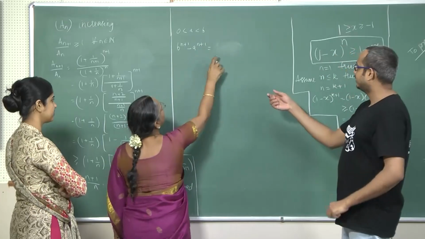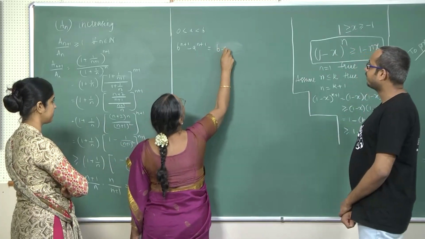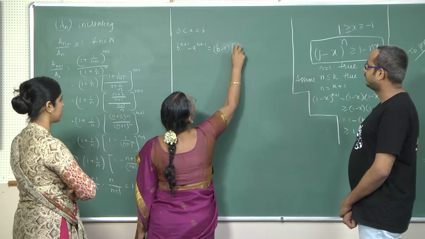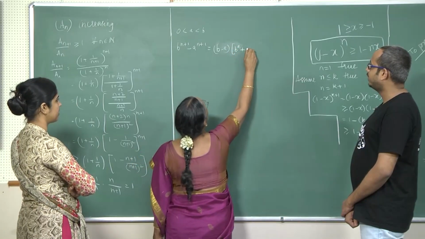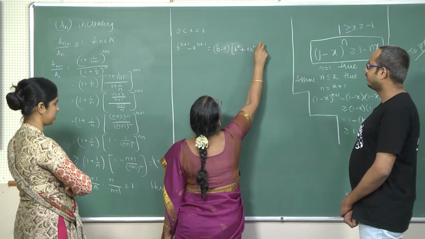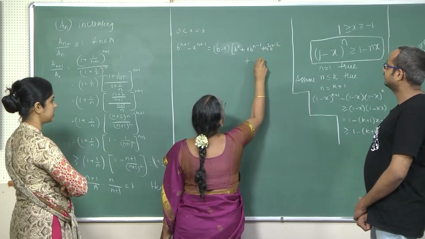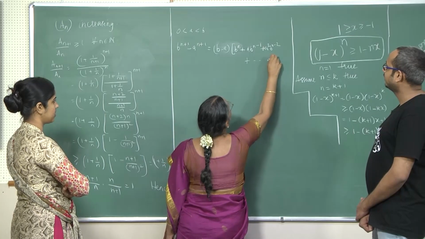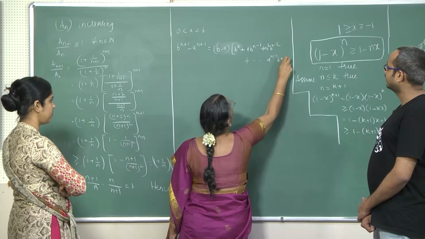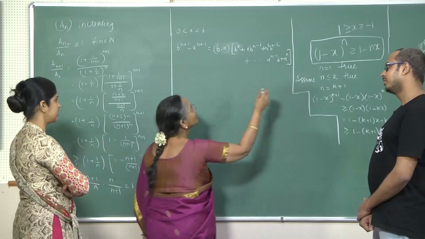This is equal to (b − a) into (b^n + a·b^(n−1) + a²·b^(n−2) + etc. + a^(n−1)·b + a^n).